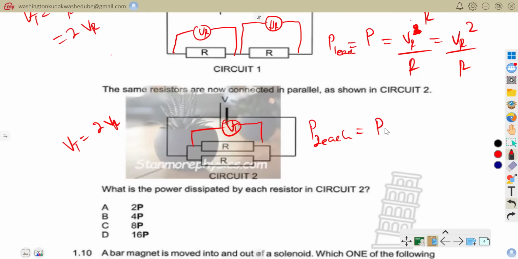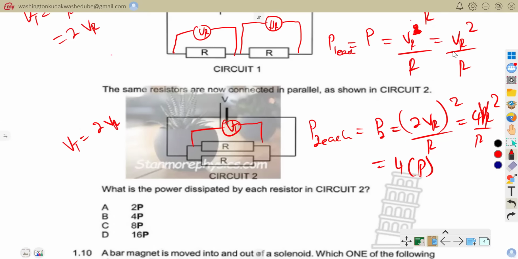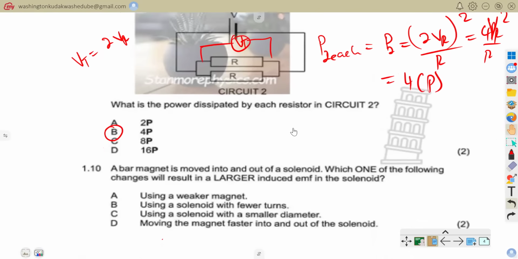So the power in circuit 2 would be given by (2VR) squared over R. That gives you 4VR squared over R, which is the same as 4P, because we know that VR squared over R is equal to P. So the answer there was going to be B. That is how you would have determined that.